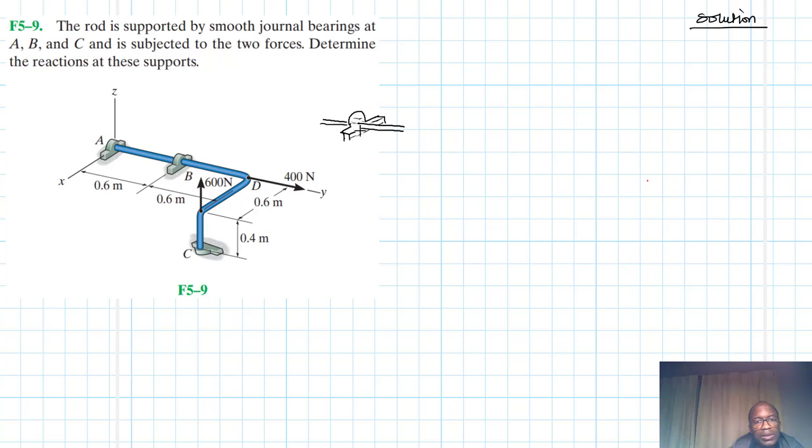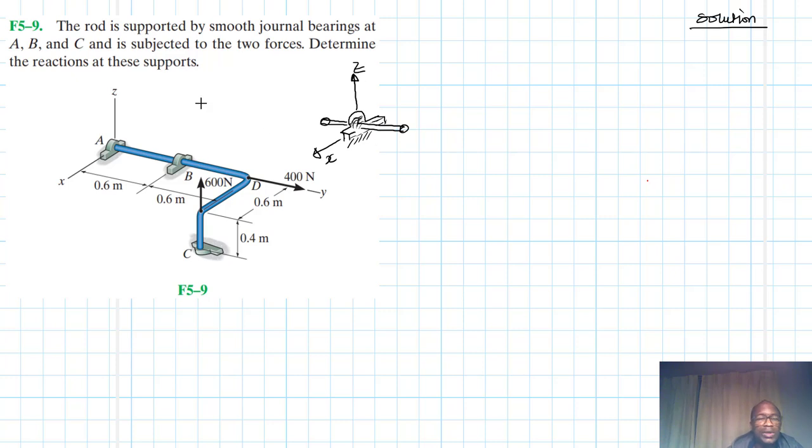Imagine you have a journal bearing like so, and then this is your rod. Let's say this is your axis, which is x, and this is your z.